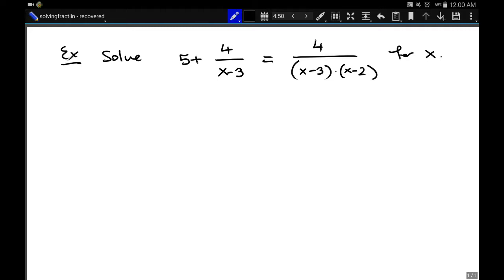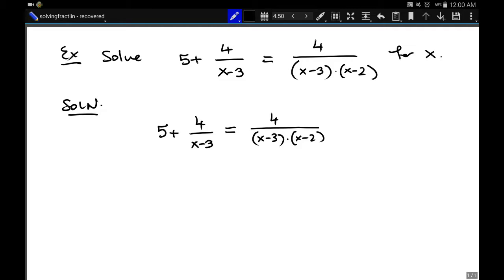First of all, I will multiply by the common denominator here, the least common multiple, which is (x minus 3) times (x minus 2). I'm going to write this again here: 5 plus 4 over x minus 3 equals 4 over (x minus 3)(x minus 2).